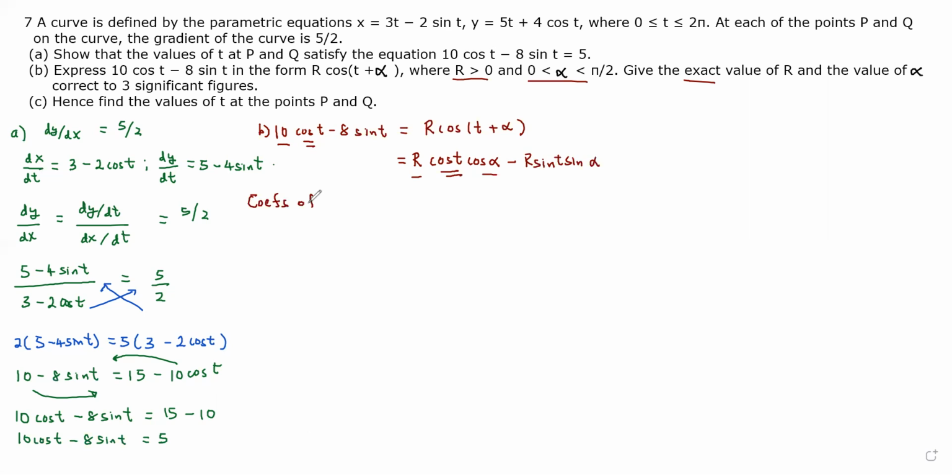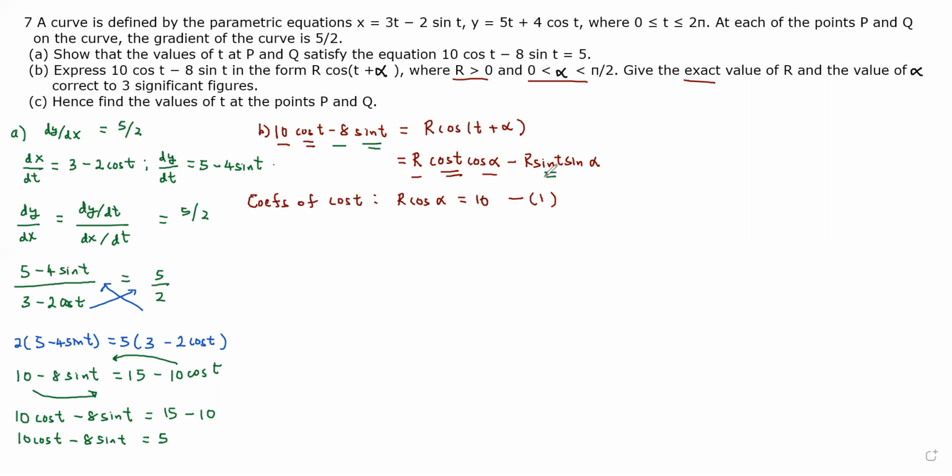Equating the coefficients of cos t, we have R cos alpha equals 10. That will give us the first equation. And we can do the same for the coefficient of sine t. The coefficient of sine t is 8 here because the two negatives are the same.